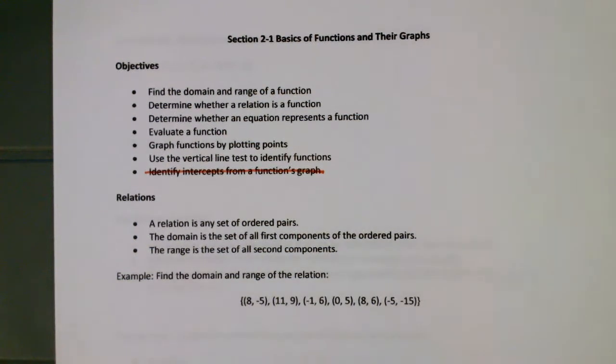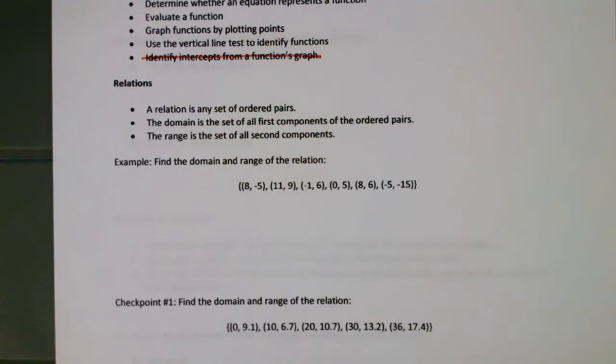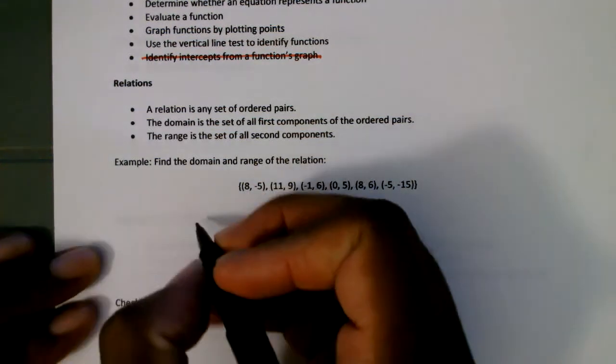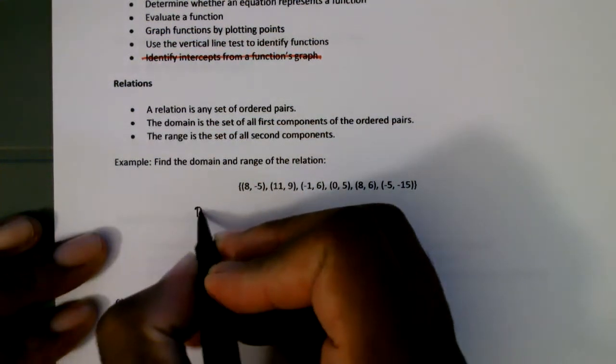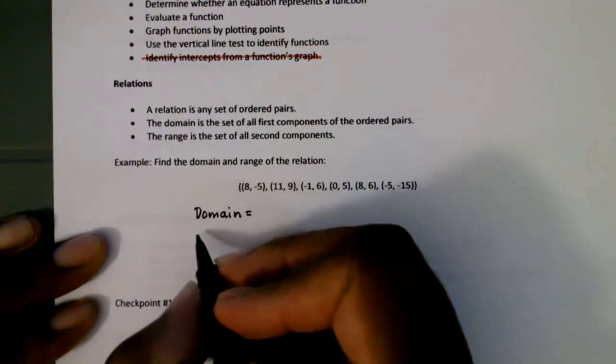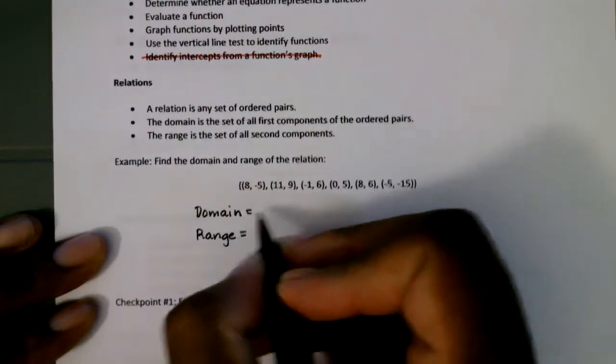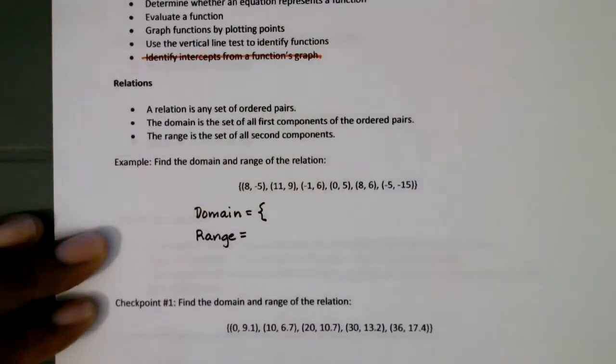So in this example that I just showed you, I want to find the domain and range of this relation. So here we have a set of ordered pairs. For the domain, we just list all the x coordinates. And for the range, we list all of the y coordinates. So let's start with the domain.